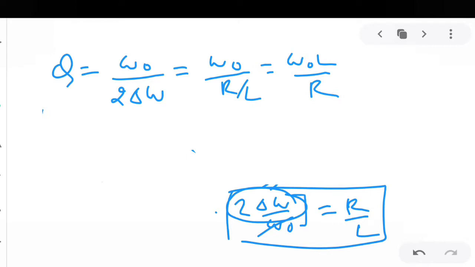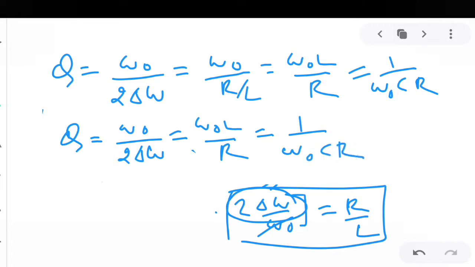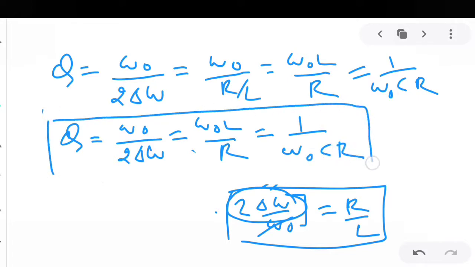So this is one formula for quality factor. Now omega naught L is also equal to 1 by omega naught C, so this can also be written as 1 by omega naught C R. So we have the expression for quality factor as resonant angular frequency per unit bandwidth, and that is equal to omega naught L by R, and that is equal to 1 by omega naught C R. So this is the final expression for quality factor.